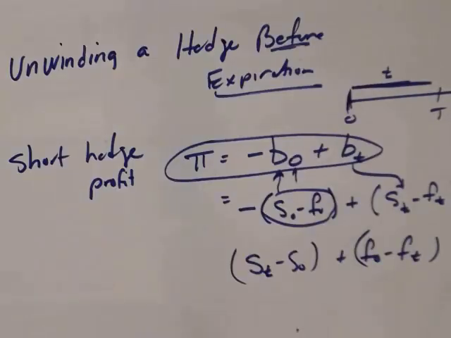Okay, so now what we want to do is look at two types of hedges for the moment. We're going to look at a perfect hedge, which kind of happens but kind of doesn't, but we'll define a perfect hedge, at least in theory. And we can get pretty close to a perfect hedge.